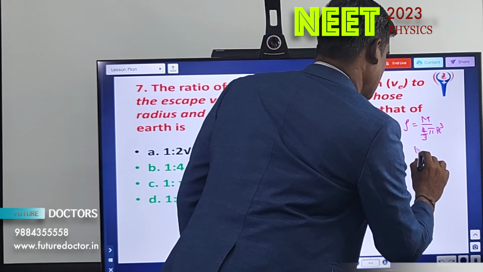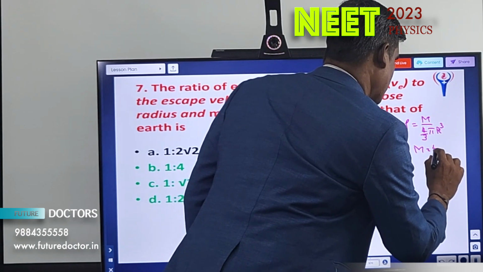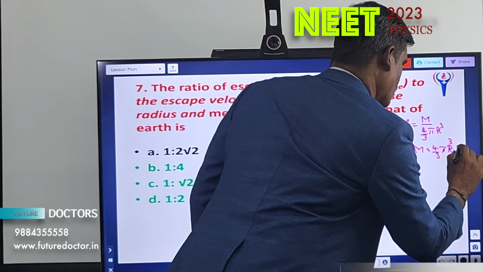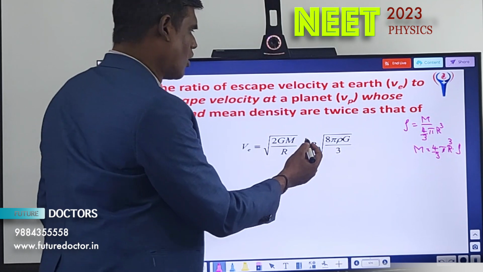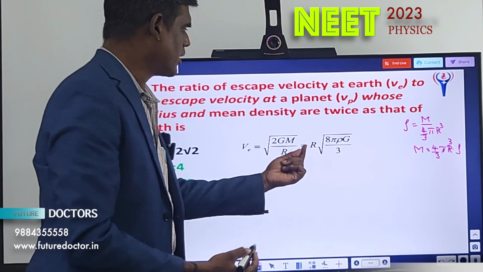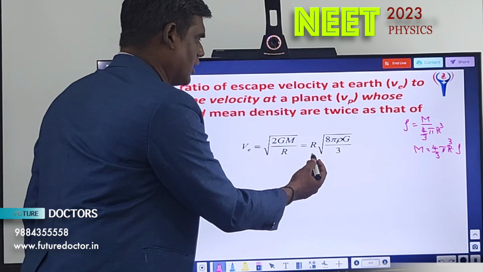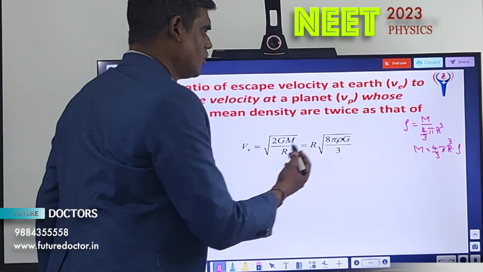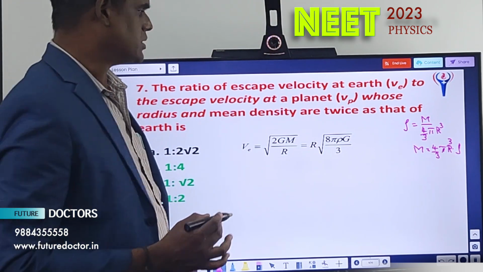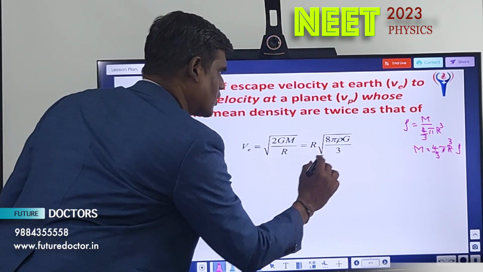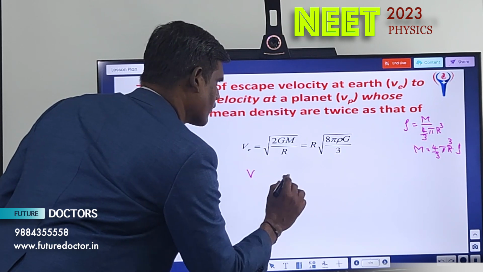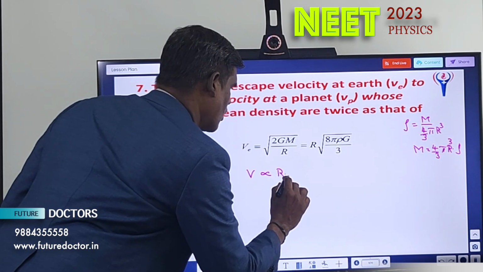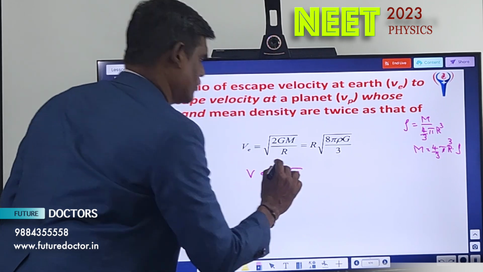So from this, M equal to 4 by 3 pi R cube into rho, and if you substitute, R cube, R gets cancelled, R square, that R square take out of the square root, then R will come. So V equal to R into square root of 8 pi rho G by 3. Here V depends upon only two factors. V is proportional to R and also proportional to square root of rho.